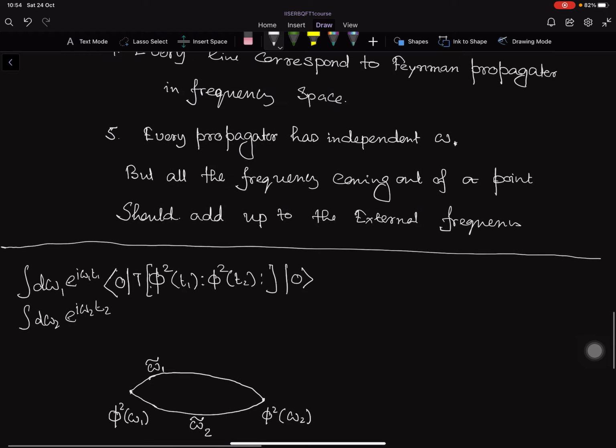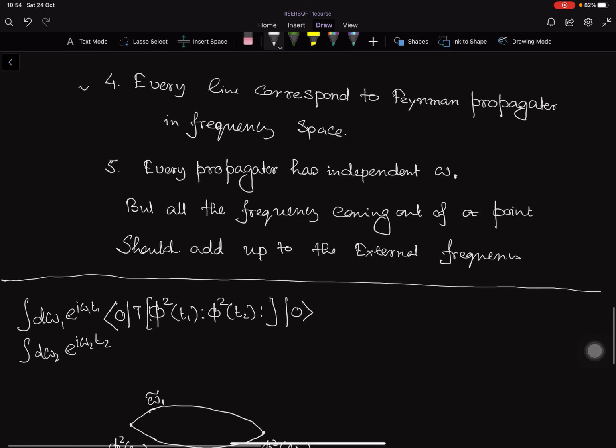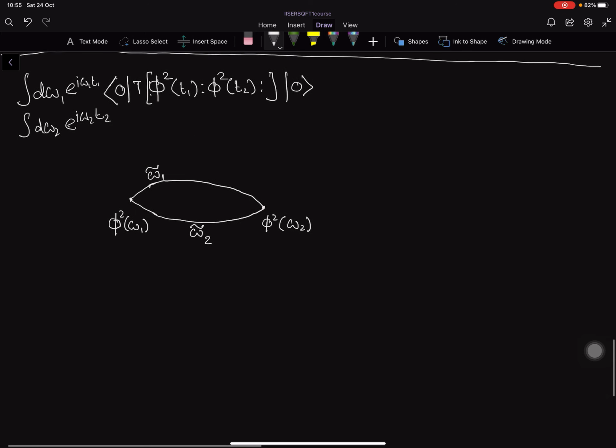So that was our fourth rule. But the fifth rule says that all the frequencies coming out of a point should add up to the external frequency, which means omega tilde 1 plus omega tilde 2 should be omega 1, from point 1.